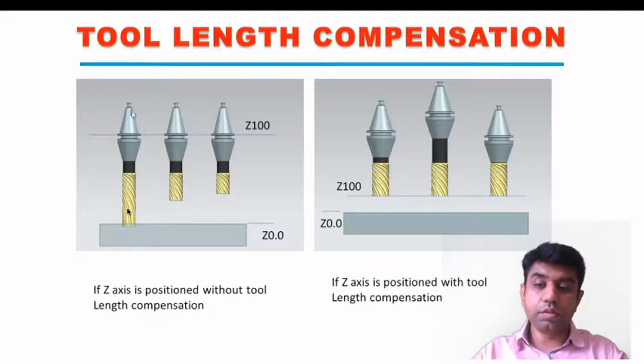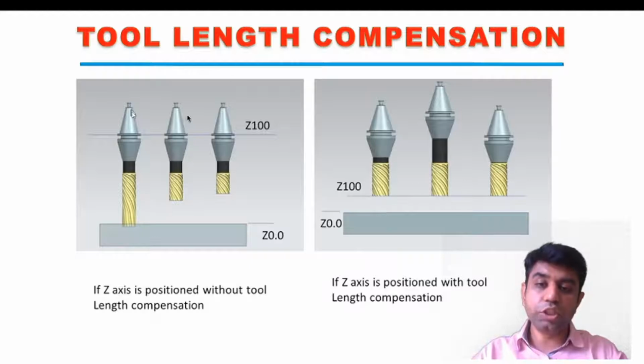For example, if we are setting the 0, 0 position with the help of tool number 1, then we are setting the height of tool number 1 as 0. Then the difference for tool 2, that height H2, we need to mention somewhere in the controller. For the third tool, if the height is say H3, then that data is also required to be fed to the controller. So if you are using the first tool and you set the 0, 0 position, it will touch the surface.